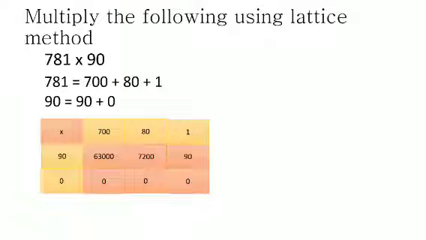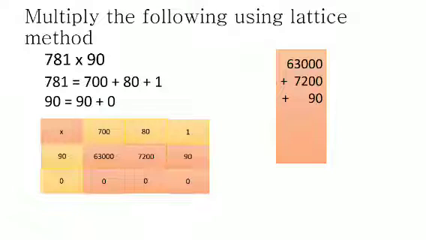Now we will add all these products. So 63,000 plus 7,200 plus 90 plus 0 plus 0 plus 0. Now look at the unit place. 0 0 0 we will get 0.